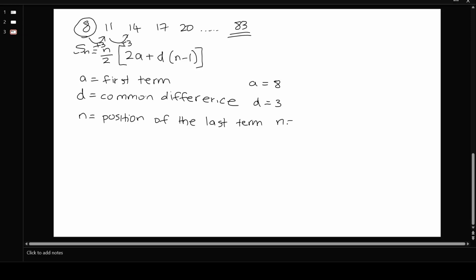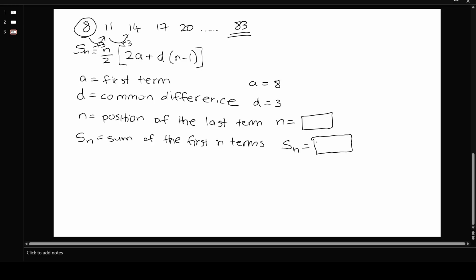So n right now, we don't know. And Sn is the actual sum of the first n terms in this series. And that's the ultimate thing that this question is asking us to find. And so obviously we don't know that either.